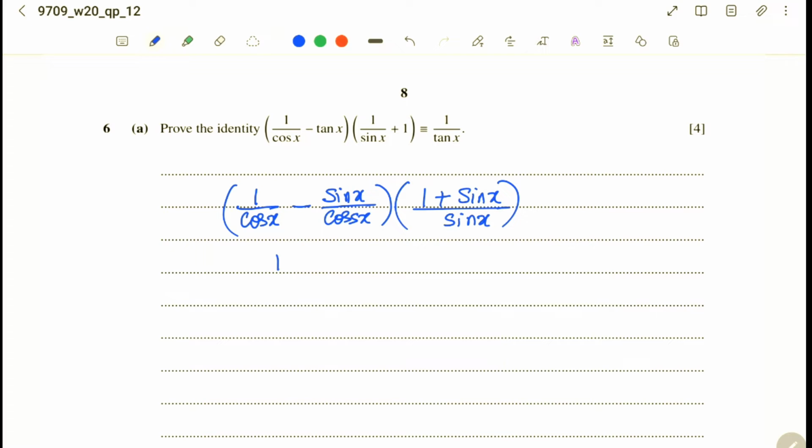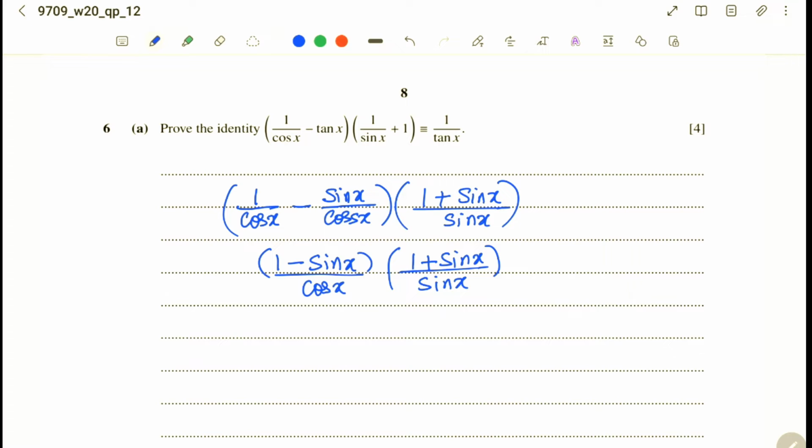This can be written as (1 minus sin x) divided by cos x, multiplied by (1 plus sin x) divided by sin x.